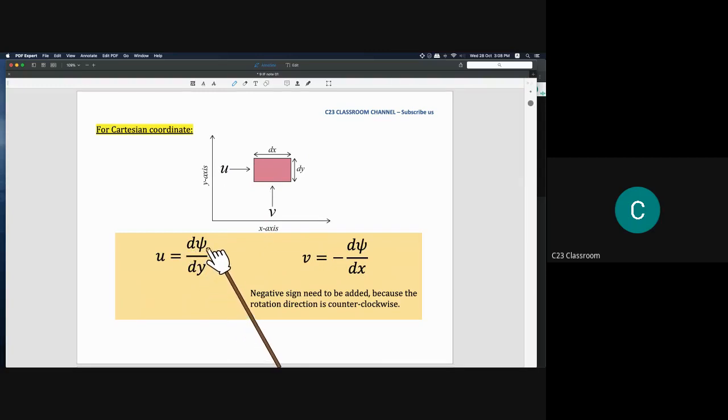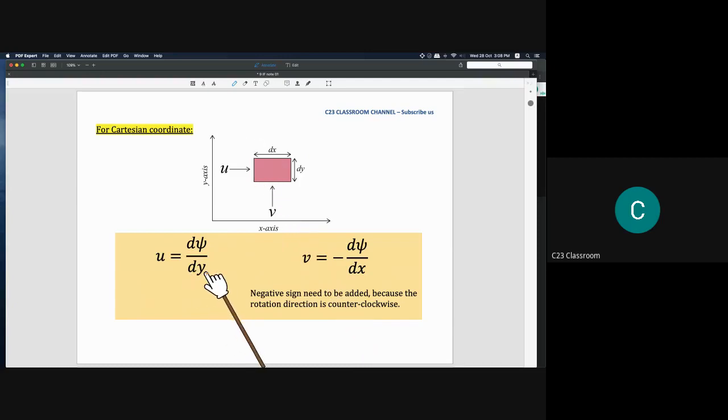So d psi here means the small part of the flow rate that flows into this area, divided by y. So y here is actually the cross-sectional area, meaning the height here is y and we have a width here, z, for example.